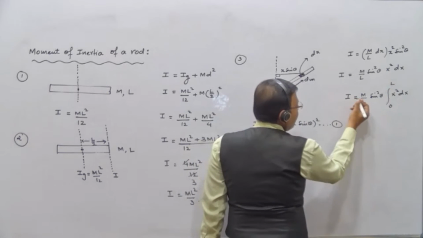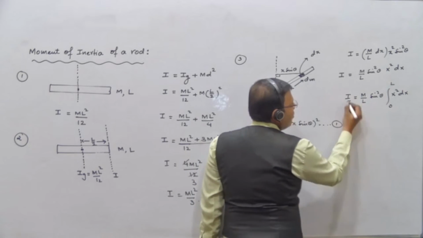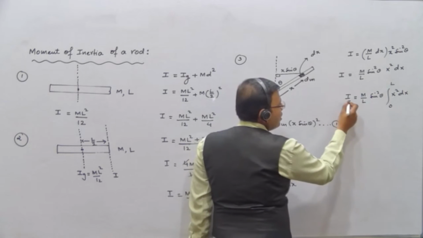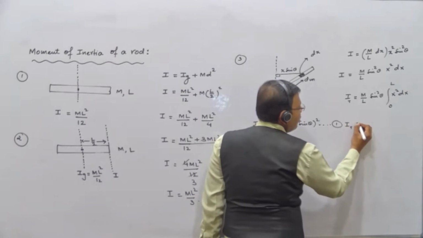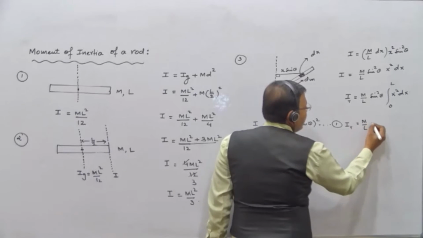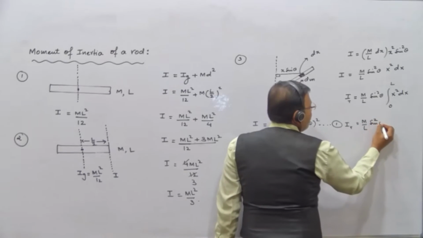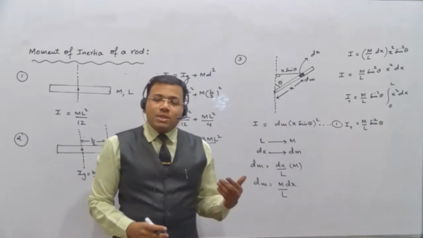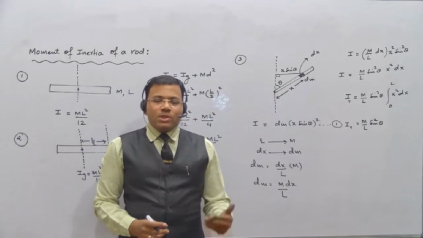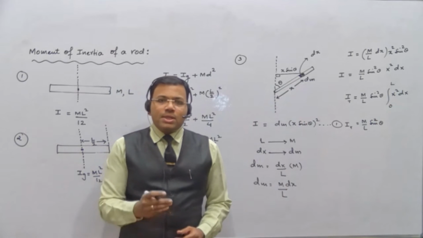So this is the complete, or I say the total, moment of inertia for this rod. I_T is the total moment of inertia I'm writing. So this is the total moment of inertia, M by L sin square theta, integration of x square. Integration of x square, it is x power 2, so 2 plus 1 by 2 plus 1, that is x cube by 3.